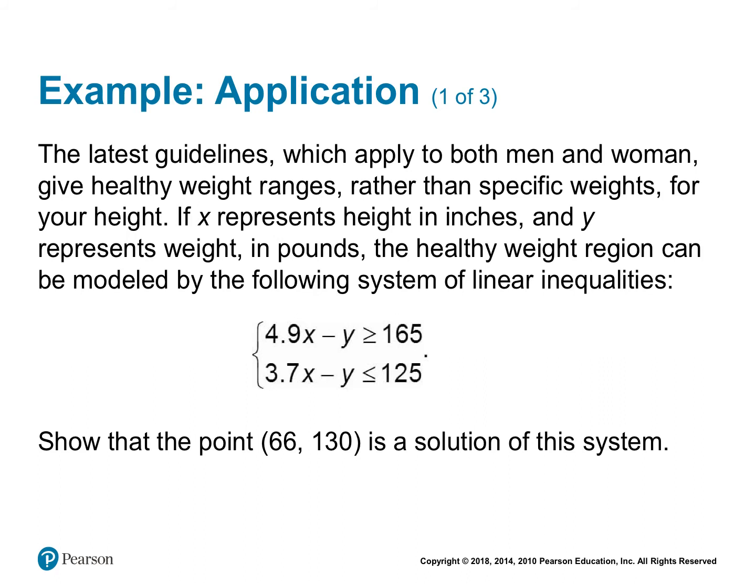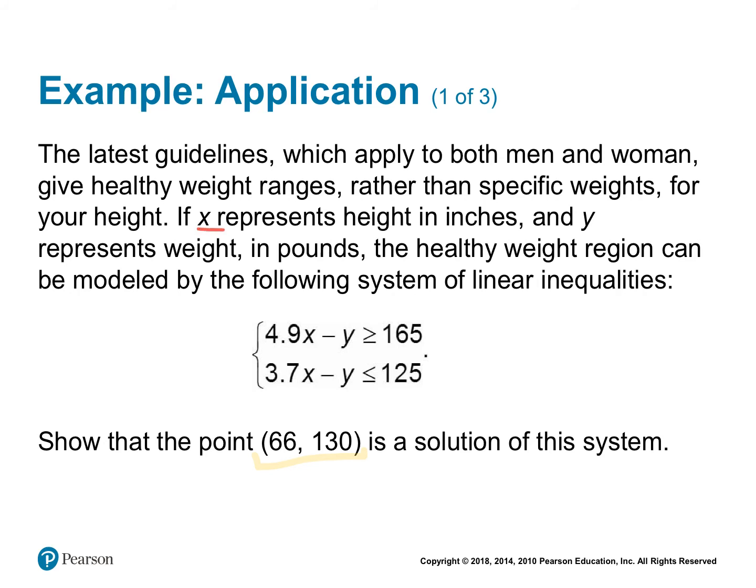Okay, an application problem here. So this is the latest guidelines which apply to both men and women, give healthy weight ranges rather than specific weights for your height. If x represents height in inches and y represents weight in pounds, the healthy weight region can be modeled by this system. And we want to show that this point is going to be a solution to the system.